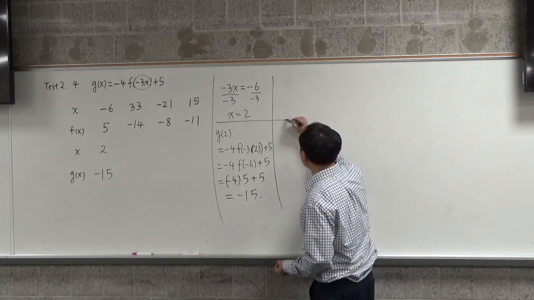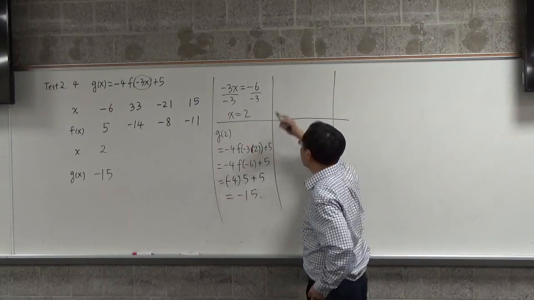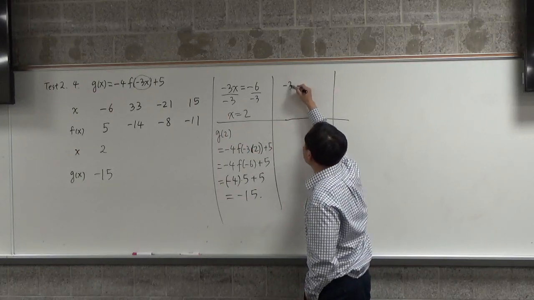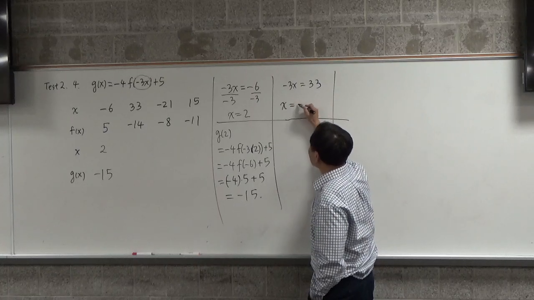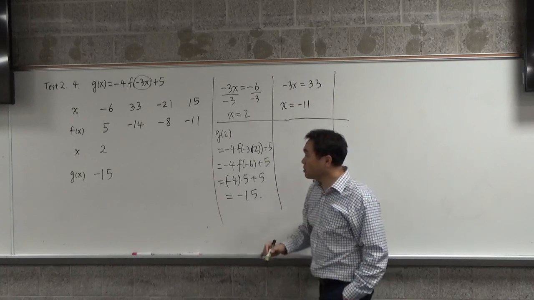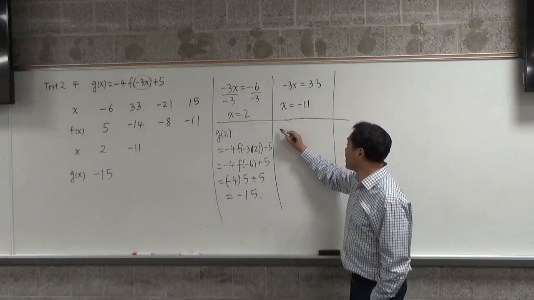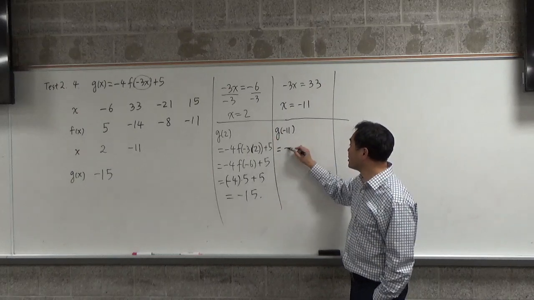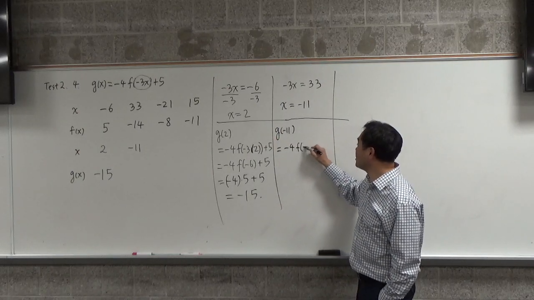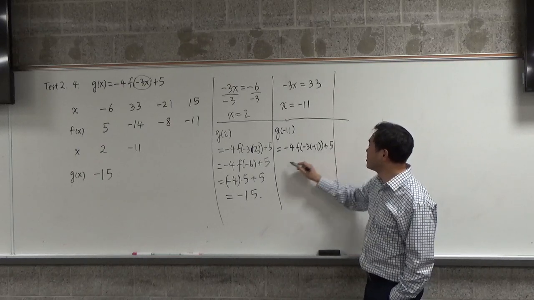But let me just do one more, and then we'll quickly fill the other ones. If you have negative 3x equals 33, dividing by negative 3 gives you x equals negative 11, right? So we put negative 11, and then ask, what is g of negative 11? According to the definition, it's negative 4 times f of negative 3 times negative 11 plus 5.